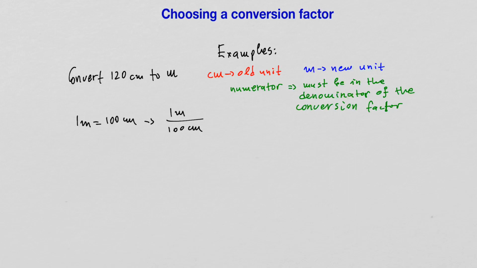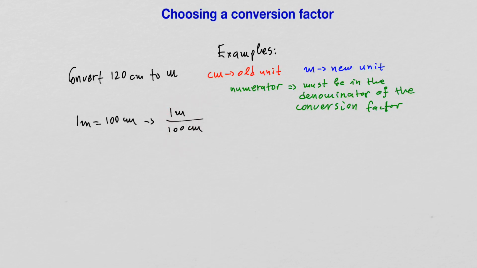Since I want my old unit to be in the denominator in the conversion factor, I take the ratio as such, 1 meter divided by 100 centimeters. So the old units, centimeters, is in the denominator of this conversion factor.